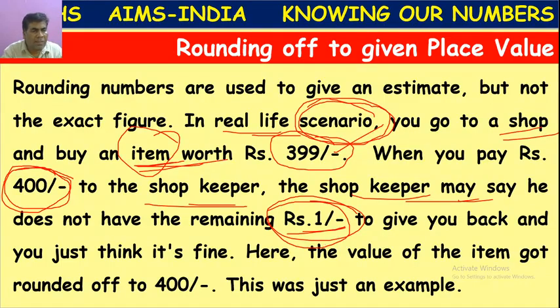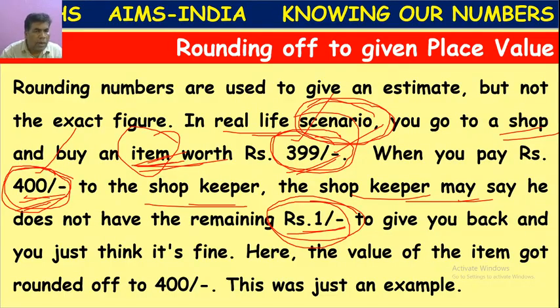Then what happens? The item is worth 399 rupees, but you have paid 400. It means you rounded off 399 to 400 rupees, to the nearest 100. This is called rounding off.